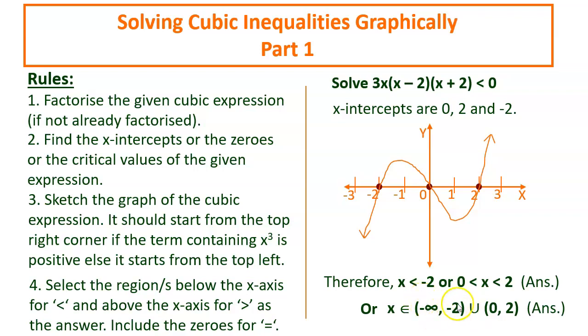That is why we are using this parenthesis. And in place of or, we write the union sign when we express the solution using the interval notation. So it is union, again the parenthesis indicating that 0 and 2 are not included within the solution set of x. So this is our final answer.